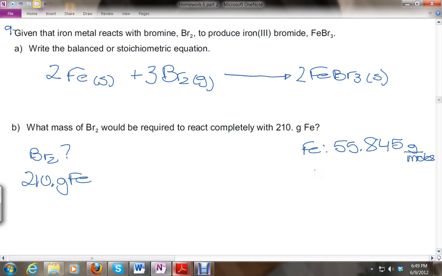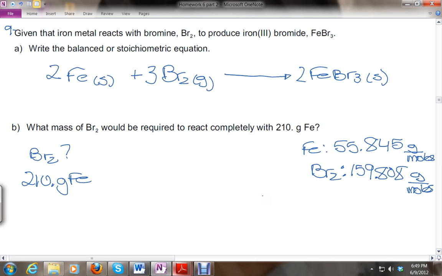Now bromine is going to be 79.904, but we have to multiply by 2 because it's diatomic. So we multiply 79.904 by 2 and it gives you 159.808 grams per mole.